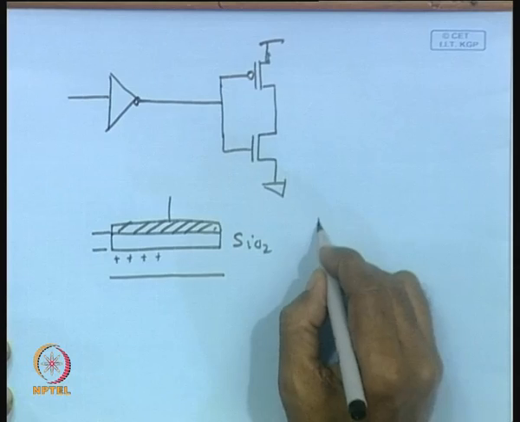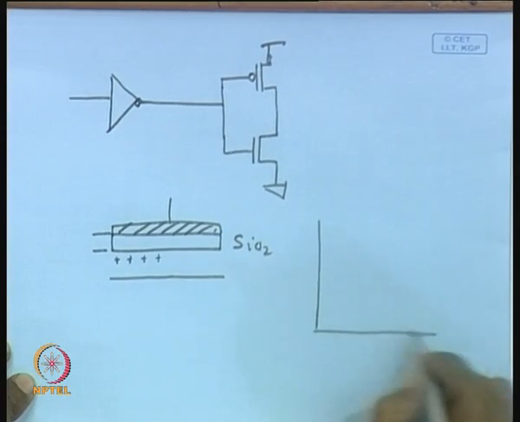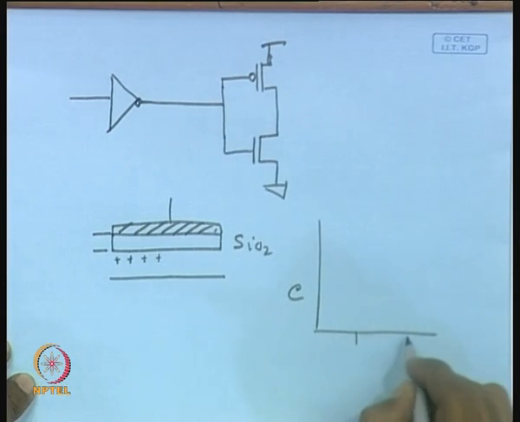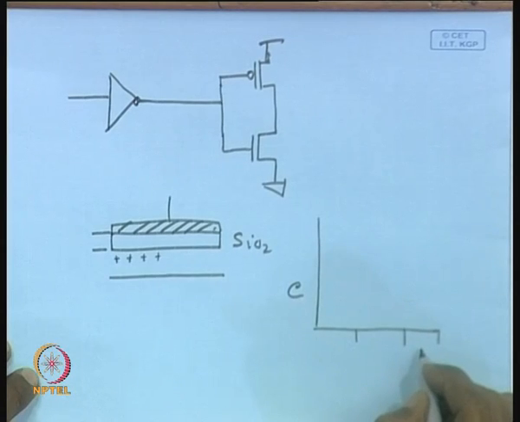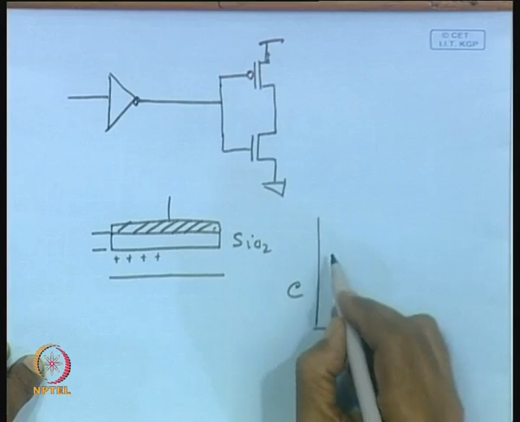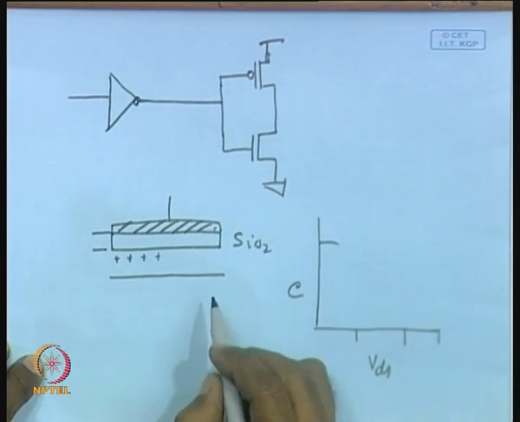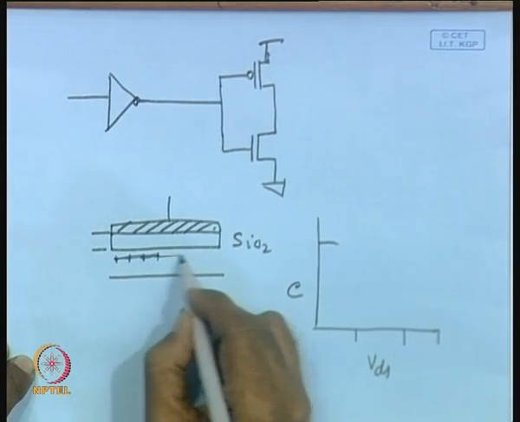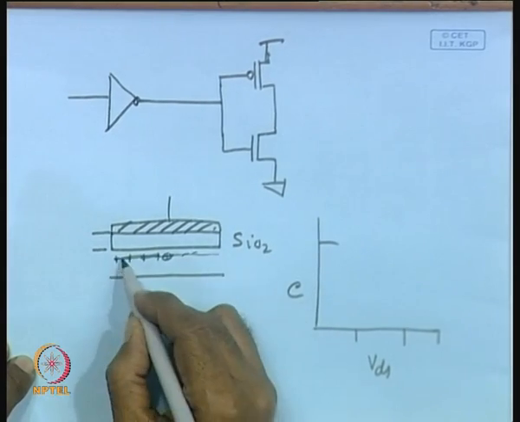So, if we plot the capacitance as it moves from accumulation to depletion to inversion, as you increase the gate voltage, the capacitance will change. Particularly when it reaches the depletion region, this part will be devoid of any charge carrier, so it will be depleted.